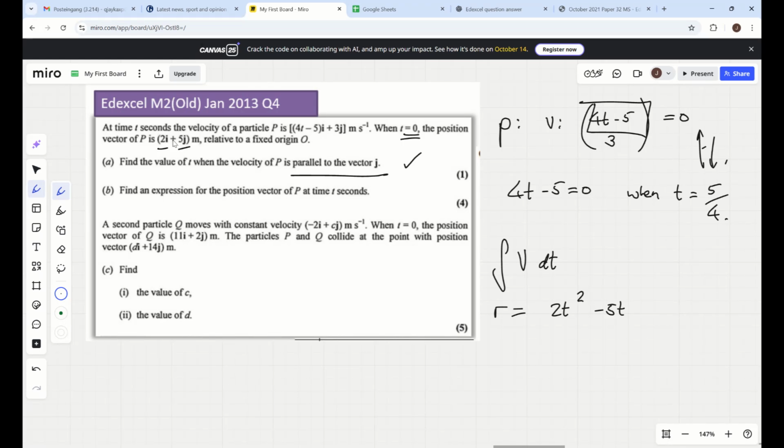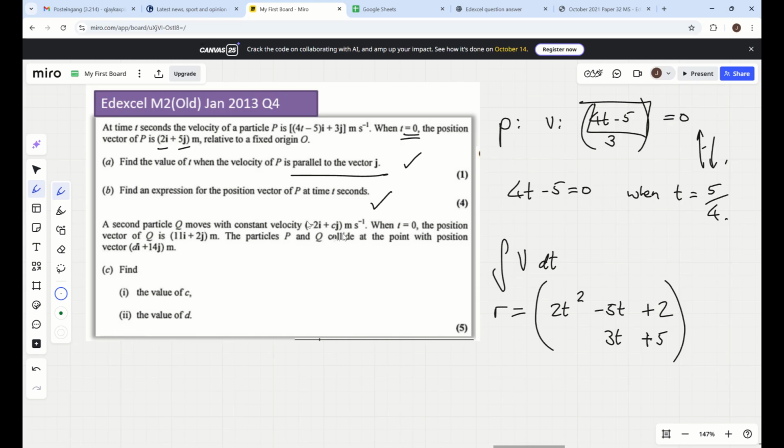So I can also just jump to saying plus 2 in this case, and the other one is going to be 3t, and plus 5. So a bit of a shortcut. That shortcut only works because it's t equals 0. Otherwise, that wouldn't work. That is the expression though.